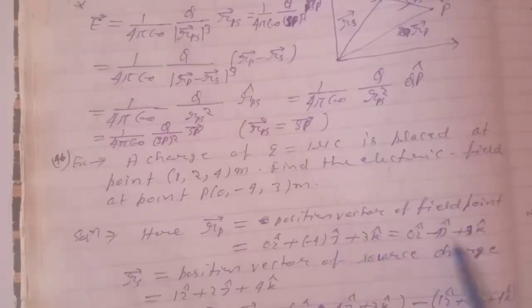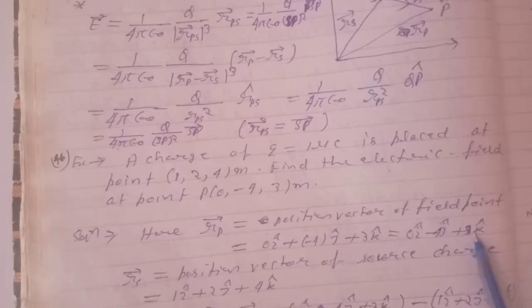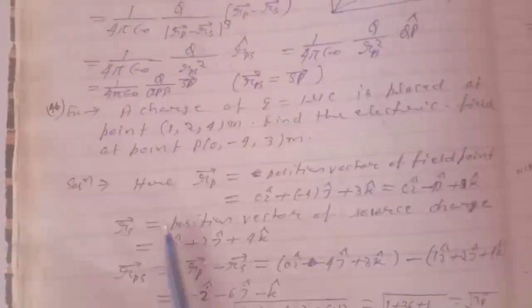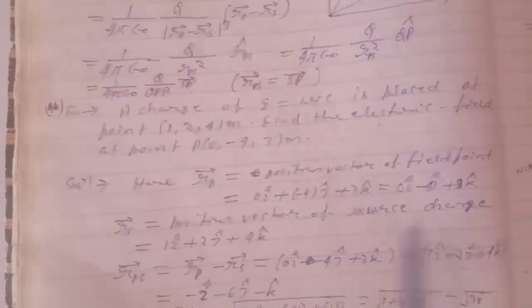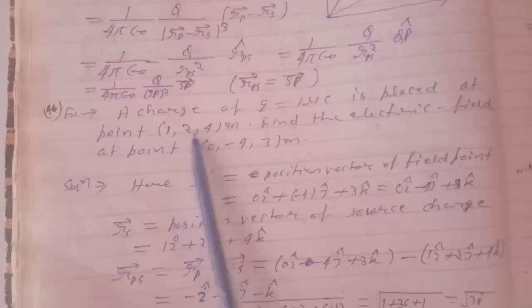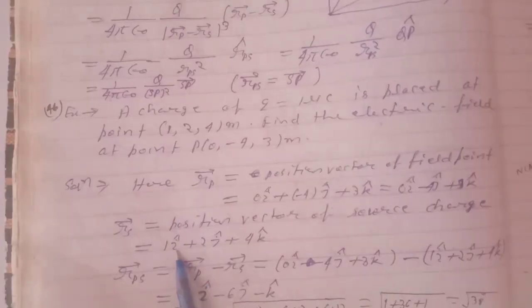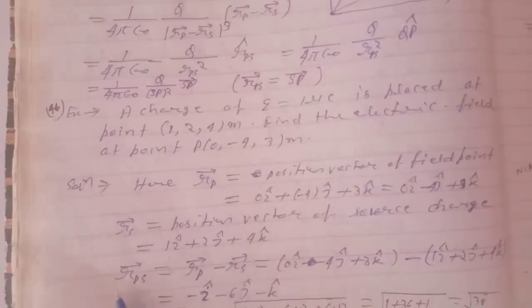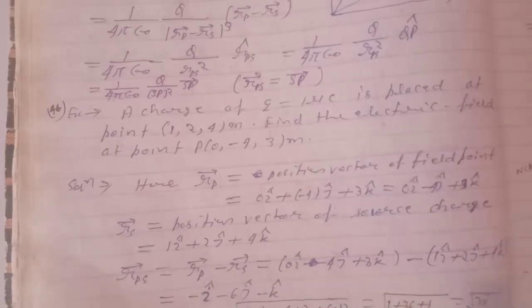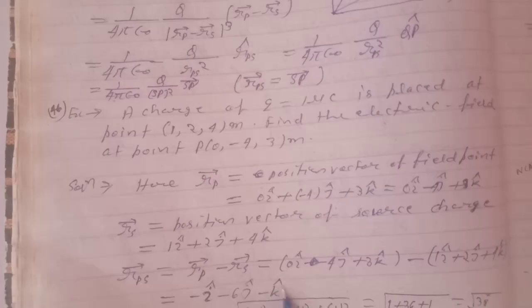And Rs is the position vector of the source charge, which is given by the point, so 1 î plus 2 ĵ plus 4 k̂. Now Rps vector will be Rp minus Rs vector, which on solving gives −î − 6ĵ − k̂.